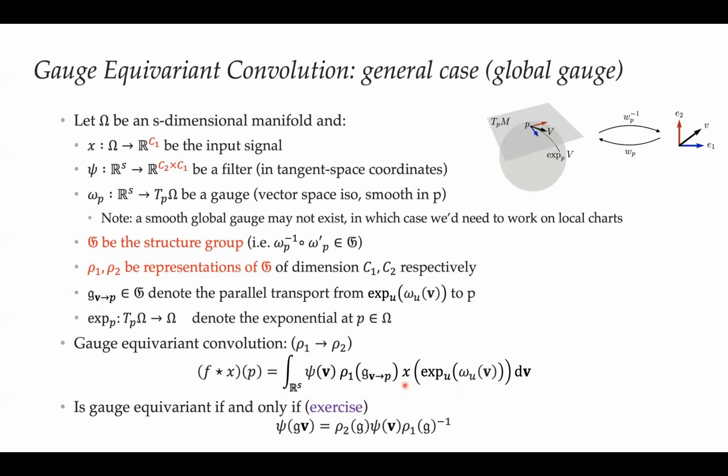But in addition, we now need to take care of the parallel transport, the fact that the output of X at this point, indexed by V, lives in a different fiber than the neighbor we get to from another V. So if we're going to add or integrate over all of these, it doesn't make sense to add vectors that live in different vector spaces. So we need to apply this parallel transport first, and then we can multiply by the kernel and add everything up.